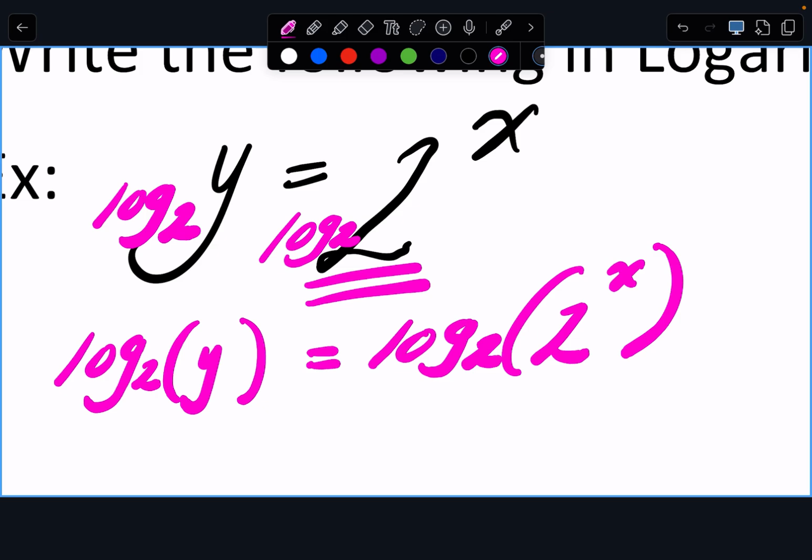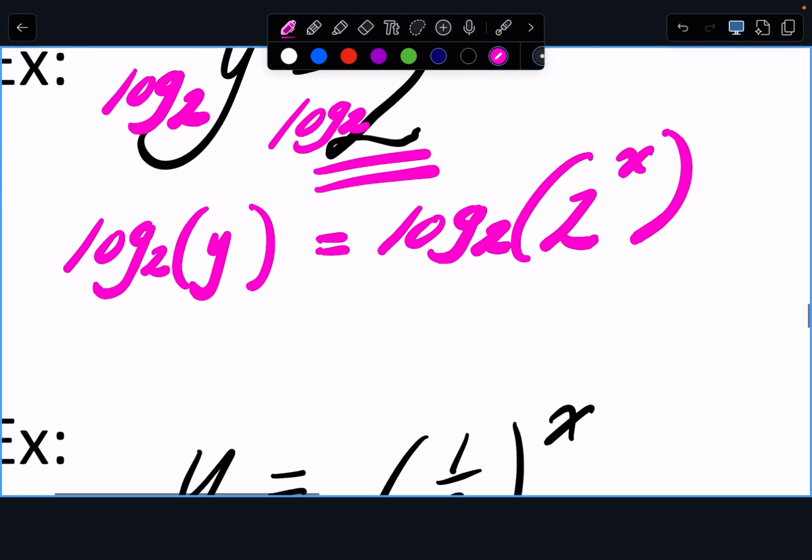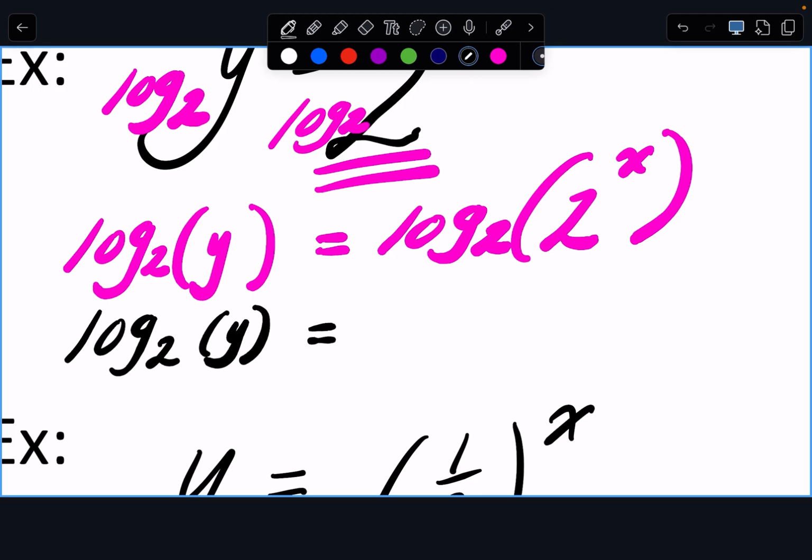When you take a log, that stuff goes in the parentheses of the log. So on the left, nothing happens. It's just log base 2 of y. But on the right, if you have log base 2 of 2 to the x, they're inverses and they cancel out. So that was just a new inverse we learned in 1010, which really wasn't new to us. We had learned it in Sec 3. Anyways, x is no longer an exponent. x just drops down, just like a square root undoes a square in a way.